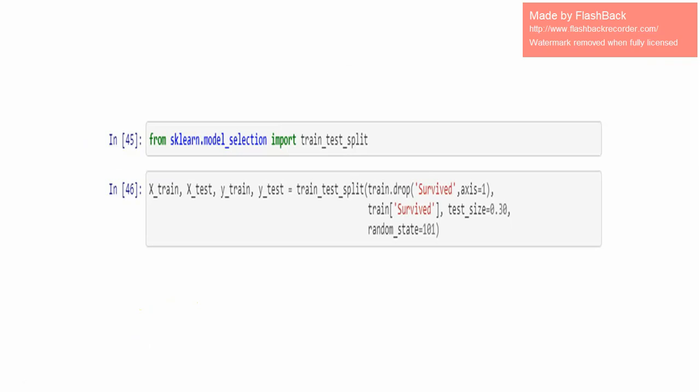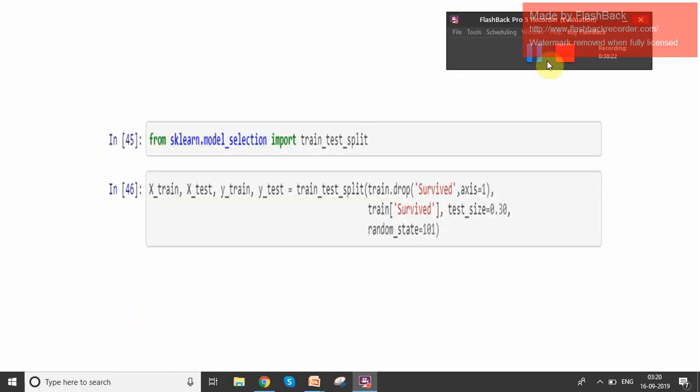Scikit-learn is another library where we can get to know how we can split the data. I'm interested in distributing the data into a 30 and 70 ratio.